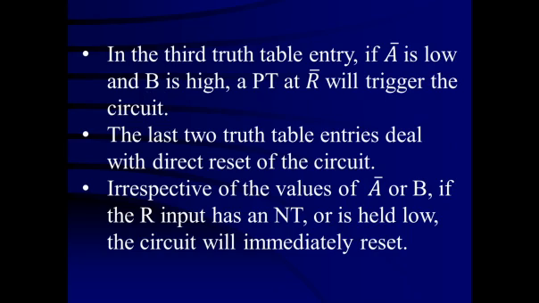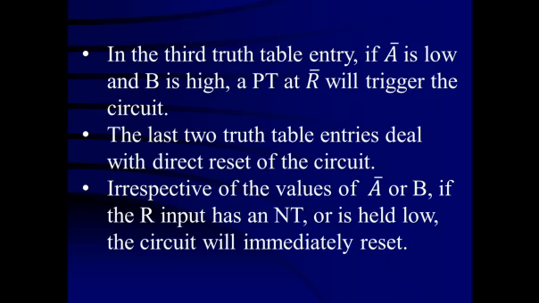The last two entries in the truth table deal with the direct reset of the circuit. Reset of the circuit means that even if it is in a quasi-stable state, anytime the reset terminal is activated, the output pulse is interrupted and the output changes immediately from high to low.